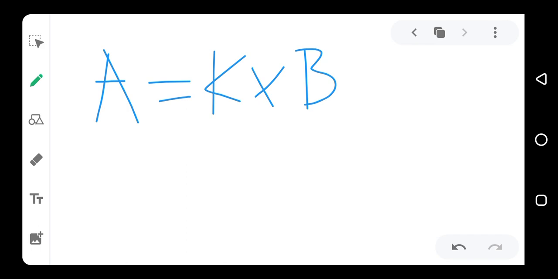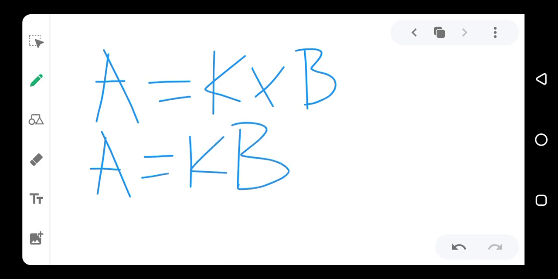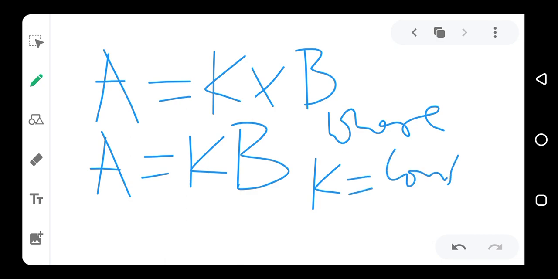So that means that A is equal to KB. When you state it like this, once you remove the sign of proportionality or sign of variation by putting the constant, you must state that where K is equal to the constant, or proportionality constant, or you can simply say that K is equal to constant.